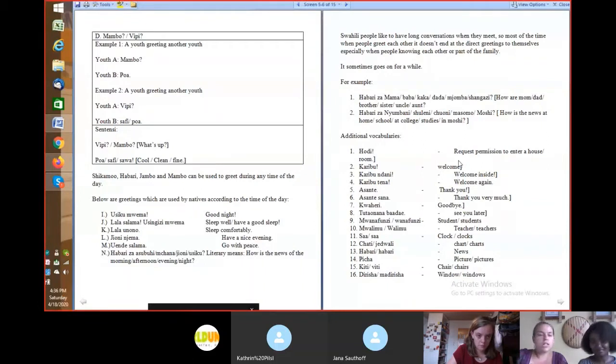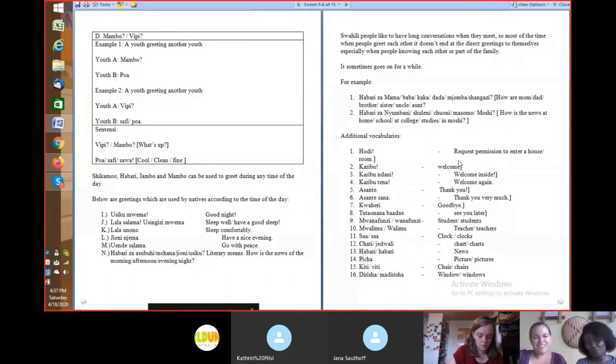If it's not night, if it's only in the evening, then you can say jioni njema. Sometimes for people that you are very familiar with, you can use lala unono. A few people use that.